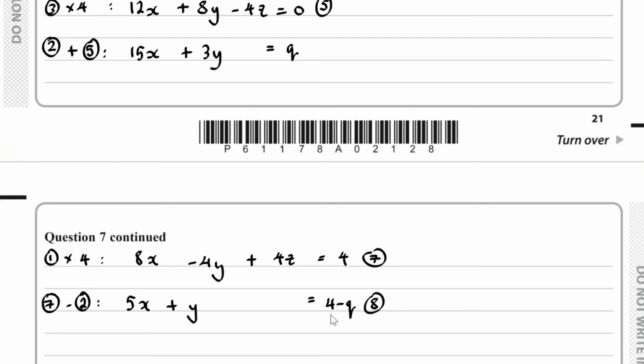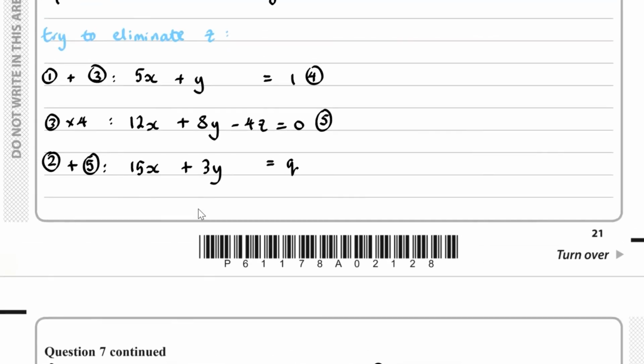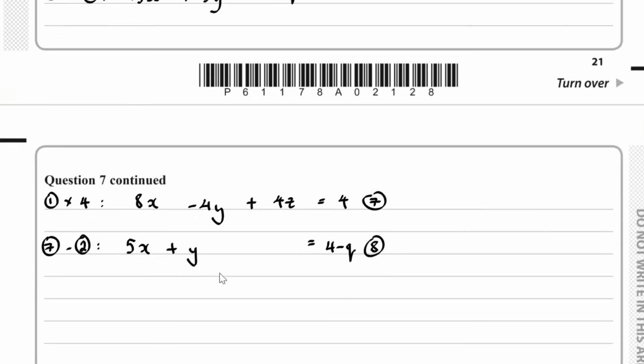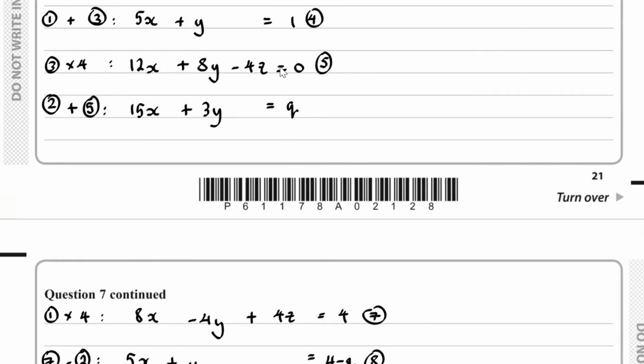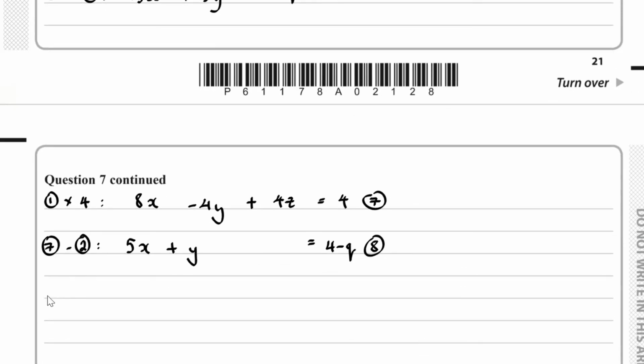So what we can say from here is we have 5x plus y equals 1 and 5x plus y equals 4 minus q. If we set equation 4 equal to 8, we have 1 equals 4 minus q, from which we see q is equal to 3.